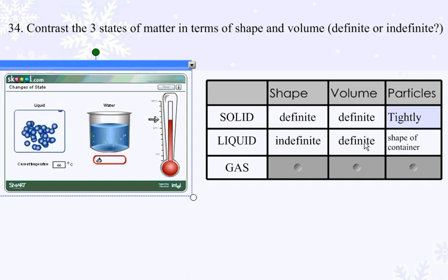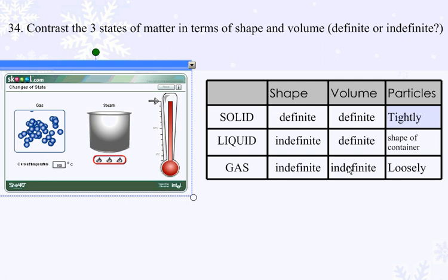Now I'm going to heat it up even more, and you can see that it's boiling and evaporating, turning into steam. The particles are now loosely compacted, and the shape and volume are now indefinite. A gas is going to take the shape of its container, and the volume is indefinite as well.